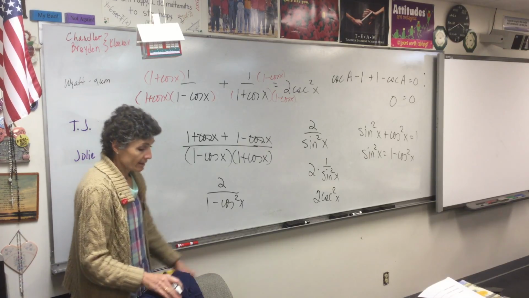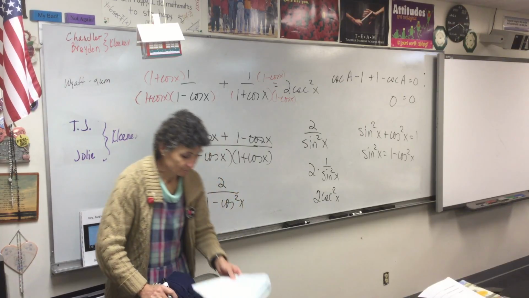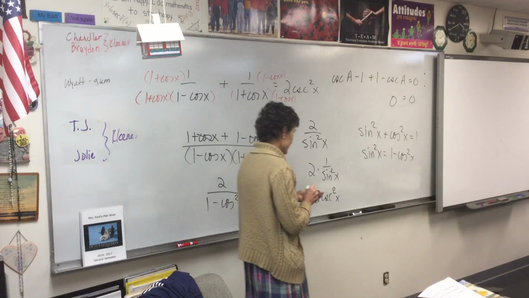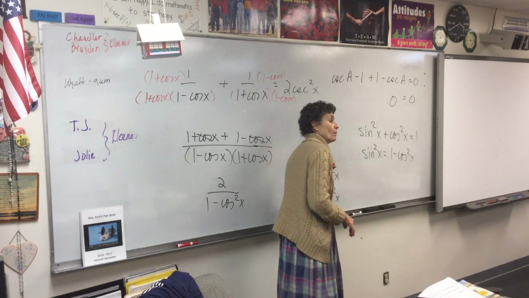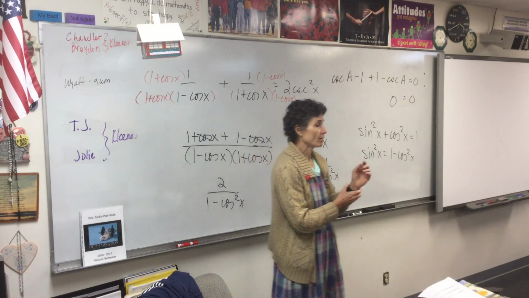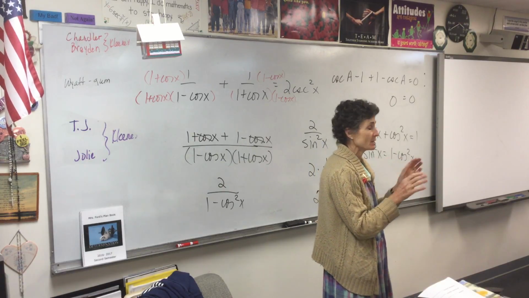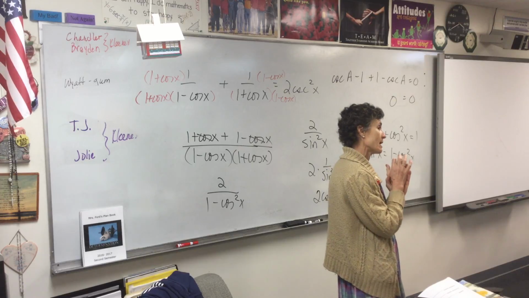All right, let's try practice quiz 2. Oh, no. Now, I'm gonna give you a little hint, and this is, when we verify identities, there's no hard and fast rules about which side to start on and all that stuff. It's wide open. You can start on whichever side you want.